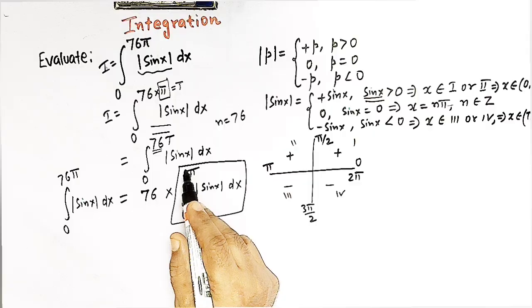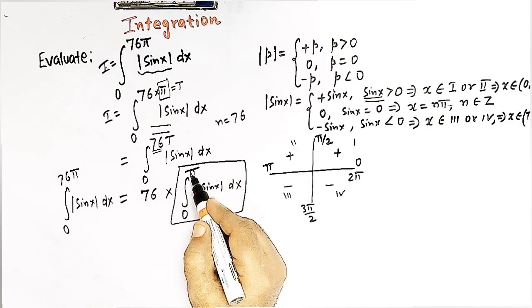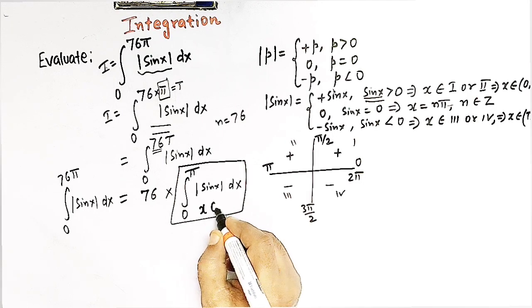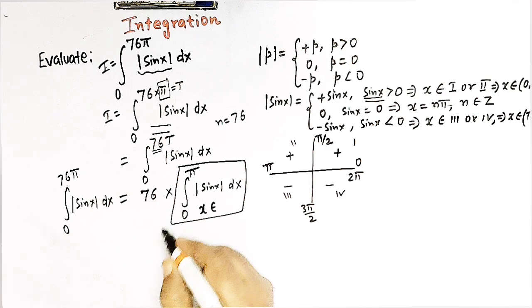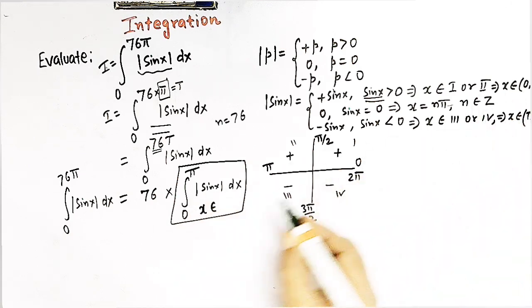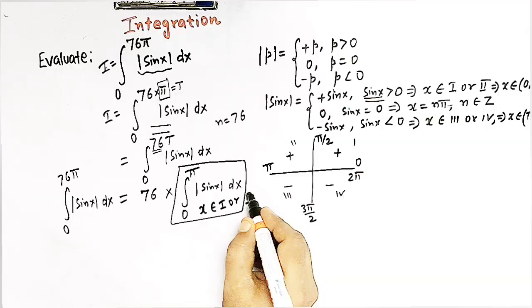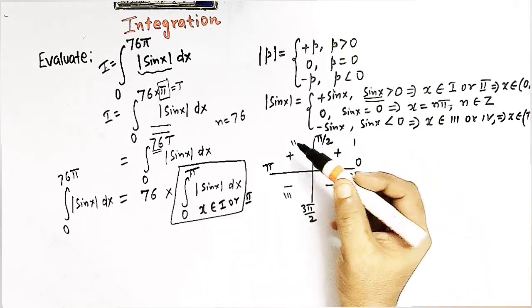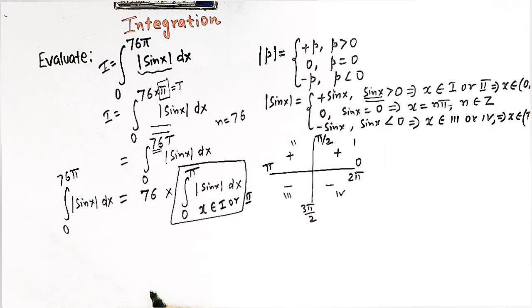Now see, here we have to find out the value of this integral from 0 to pi. So here x belongs to, or x varies from 0 to pi, right? So here x belongs to either the first or the second quadrant, and in the first or second quadrant we have mod sine x is equal to positive sine x.